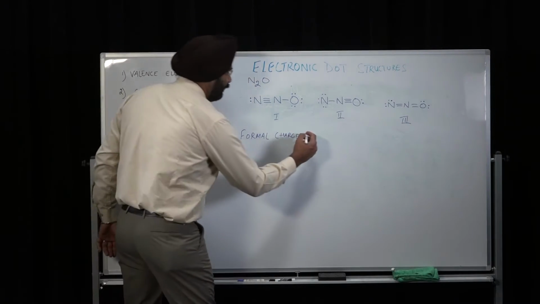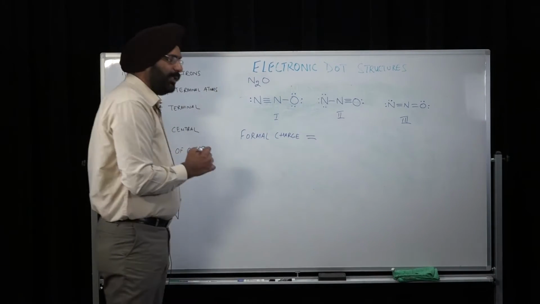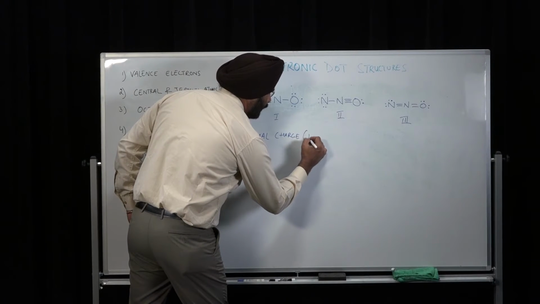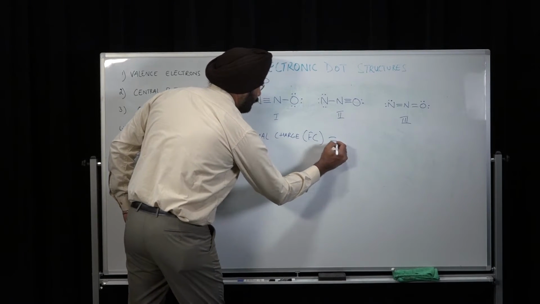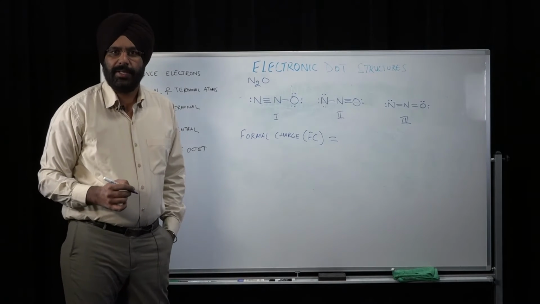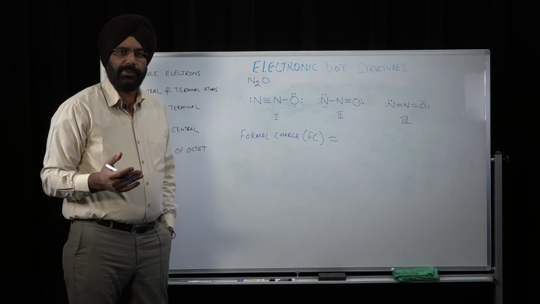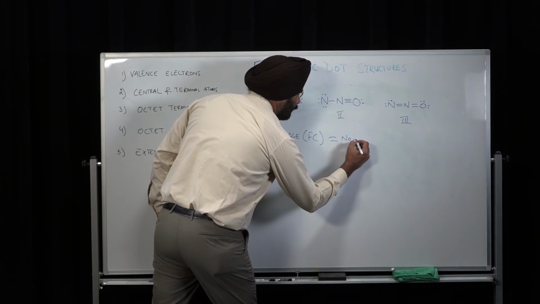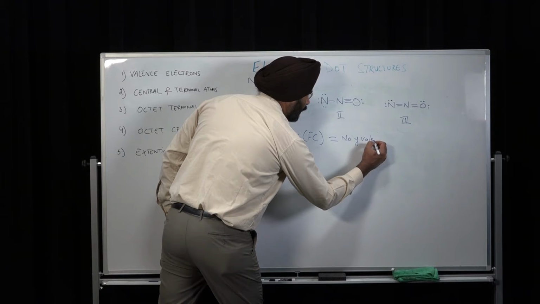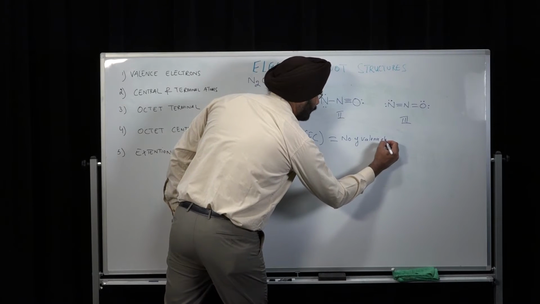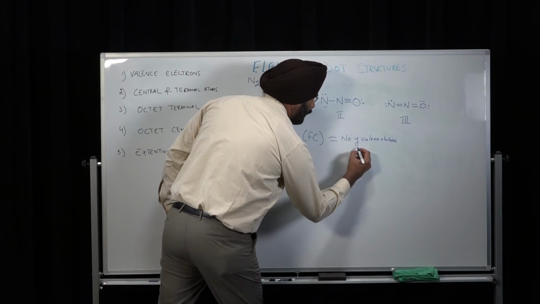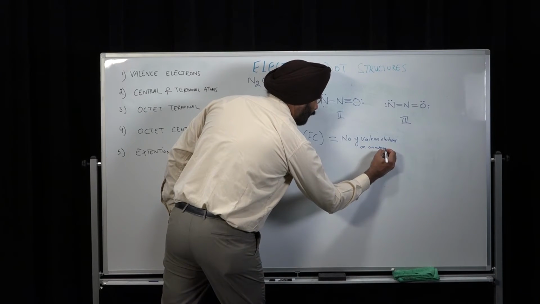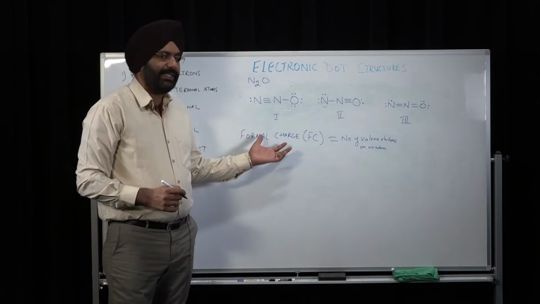So how can we calculate the formal charge? The formal charge, I can write it in abbreviation in parenthesis FC, is equal to the number of valence electrons on an atom for which we are calculating the formal charge.